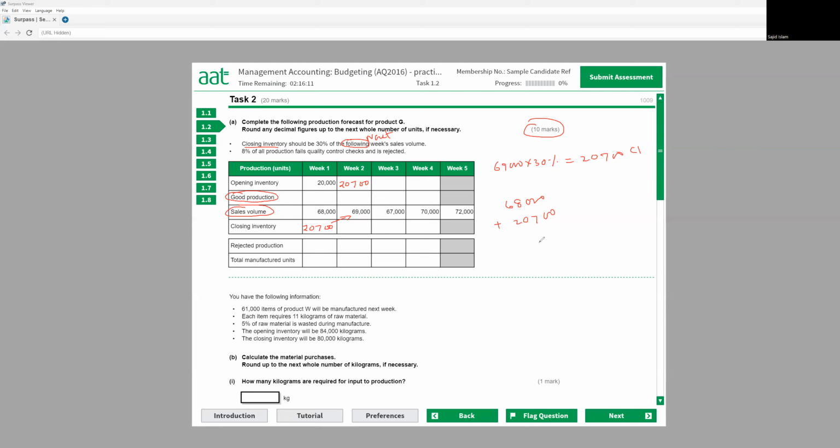So 20,700 will be my closing inventory even after selling. I need to add this because I want to keep it as closing inventory. And I already have some in stock, that is opening inventory, 20,000. So I don't have to make those 20,000 because I already have them from the opening. So we say sales volume, plus closing, minus opening, and that will tell us how many units I have to produce: 68,000 plus 20,700 minus 20,000.